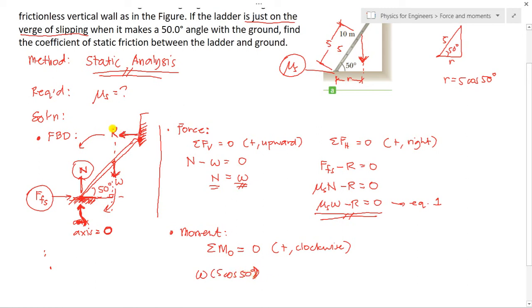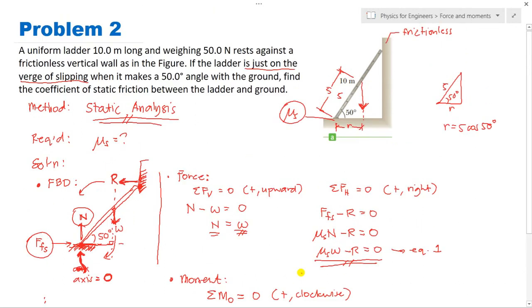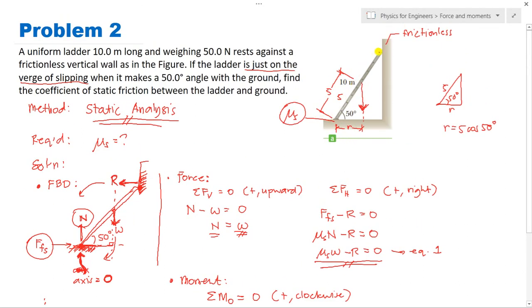Since our reaction R is counterclockwise, so this is minus R, and then what is its moment arm? Di ba ang R kay paana diri? So kani siya nga height, perpendicular man siya ani nga R. Di ba class? Nakuha na gets ra? Okay.